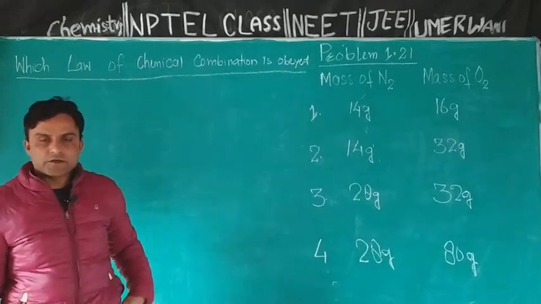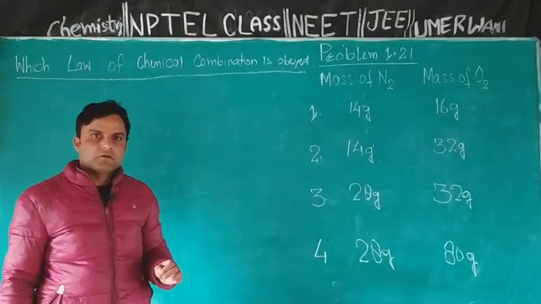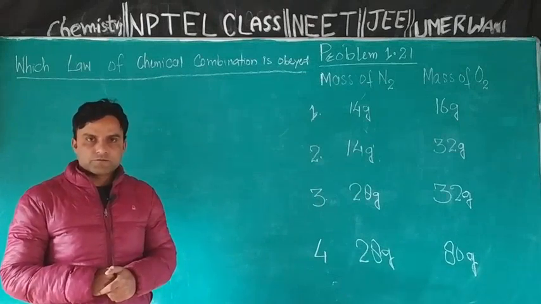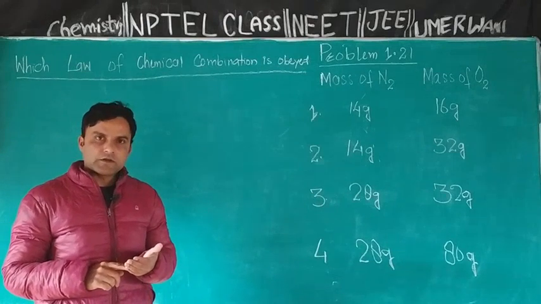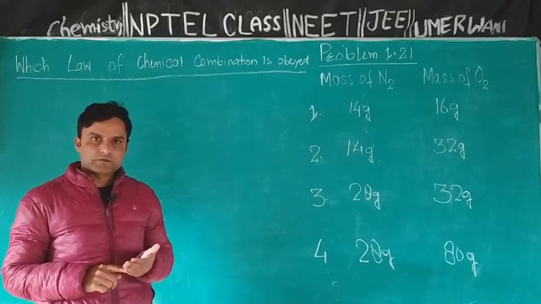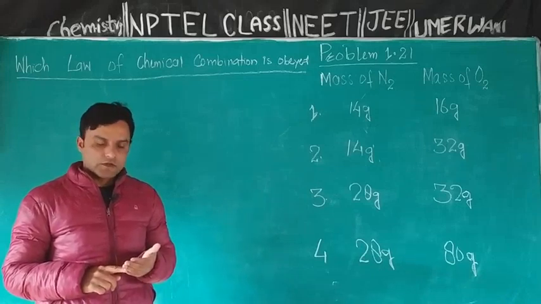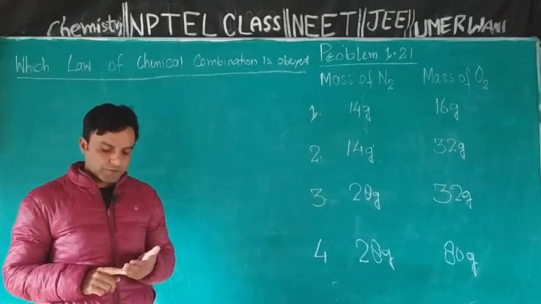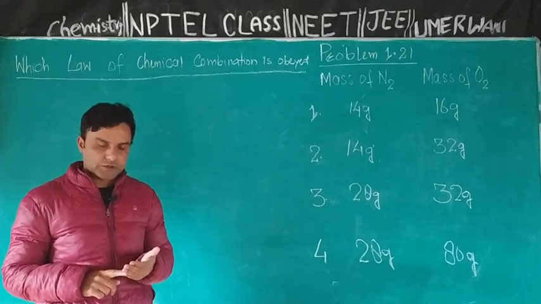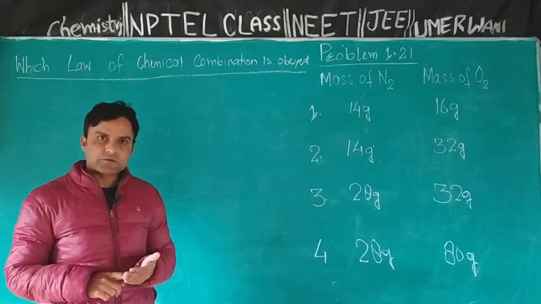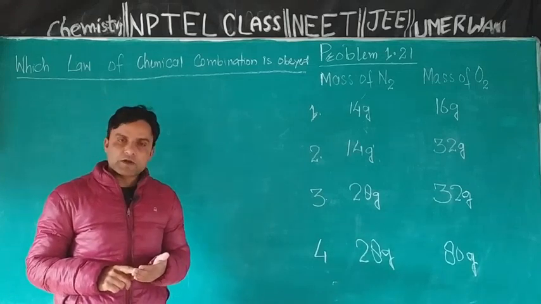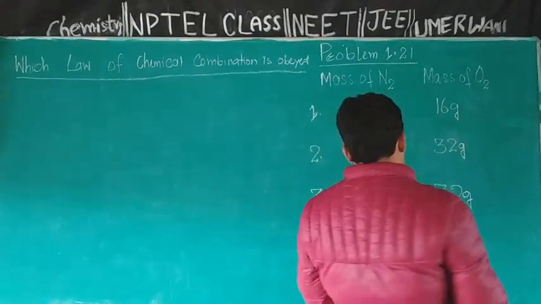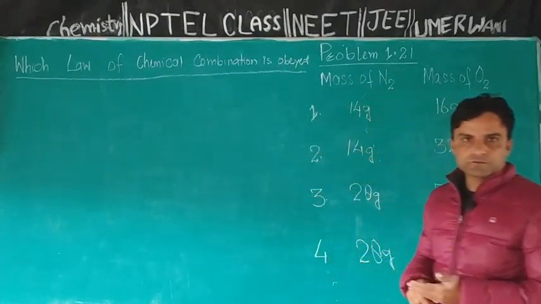Students and my dear friends, there are 5 laws of chemical combination. Number 1 is the law of conservation of mass. Number 2 is the law of constant proportion. Number 3 is the law of multiple proportion. Number 4 is the law of reciprocal proportion, and number 5 is the law of gaseous volumes.